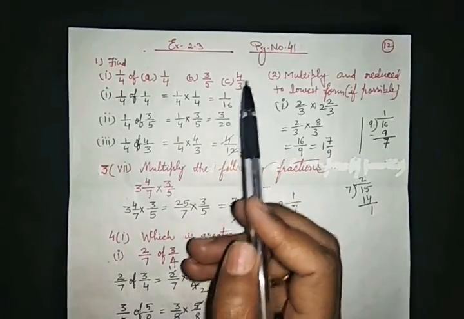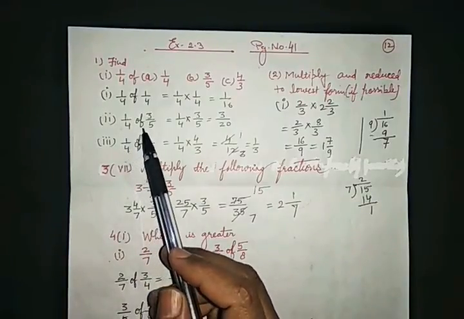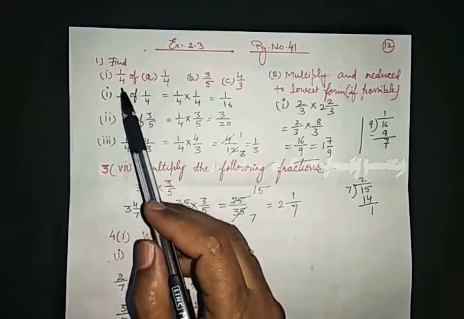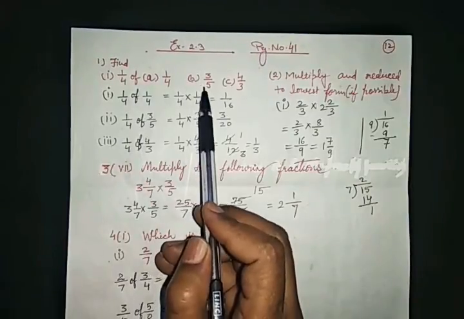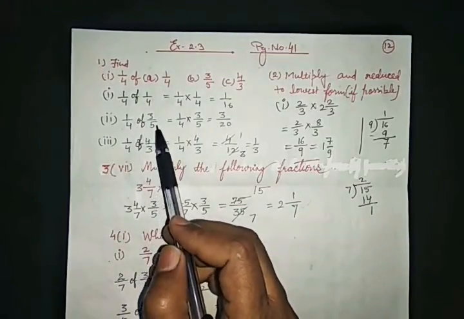Now the second part. In the second part, we have to calculate here 1 upon 4 of 3 upon 5. So 1 upon 4 of 3 upon 5.